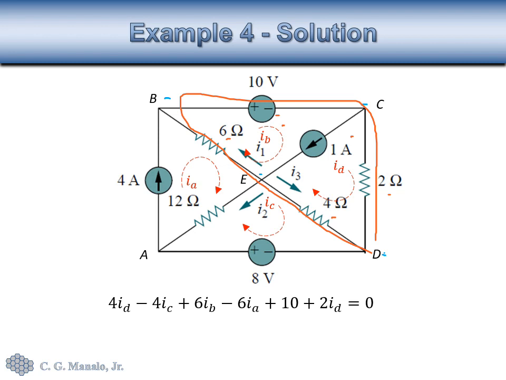So for example, for I sub A, the polarity should be plus here, minus here. So for I sub B, that will be plus here and minus here.